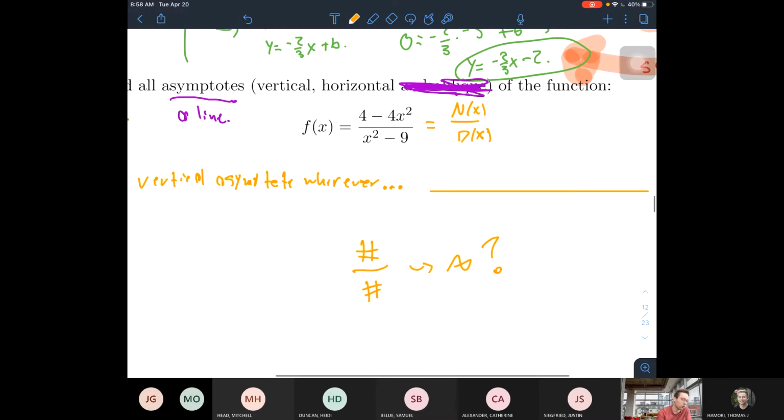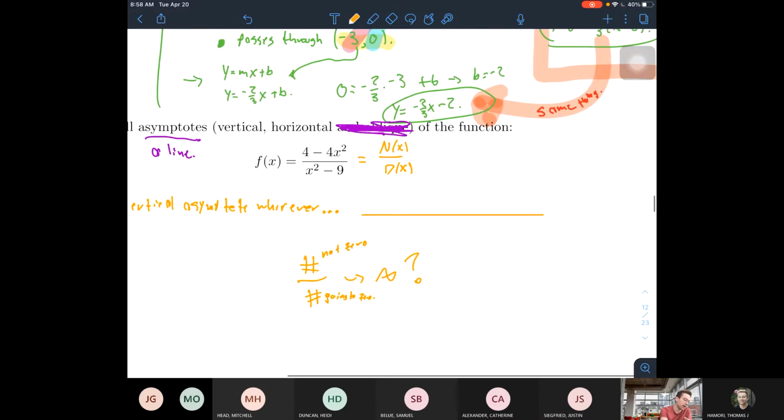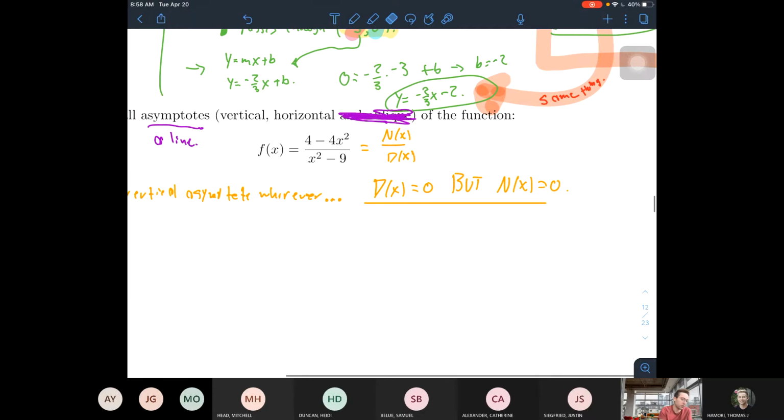Very good, Sam. We're going to have a hole if the numerator and the denominator are both 0. So we need the numerator not 0 and the denominator going to 0. Okay, so we want to check when d of x, the denominator, is equal to 0, but n of x is not equal to 0.